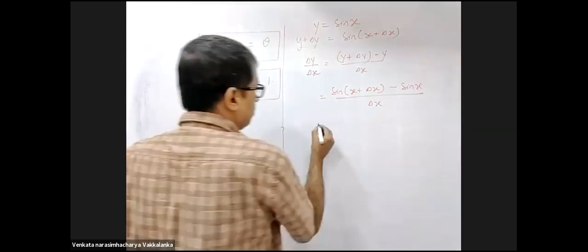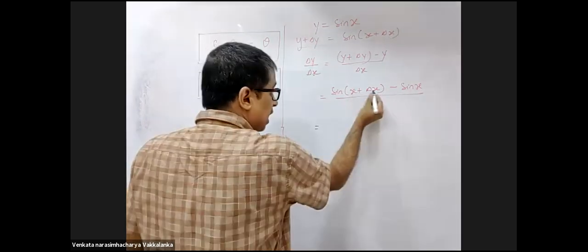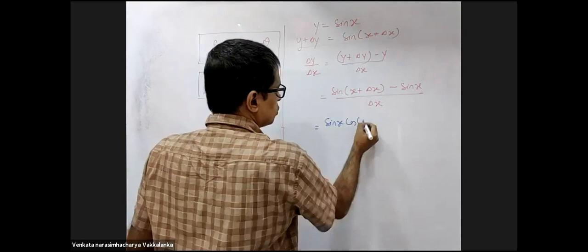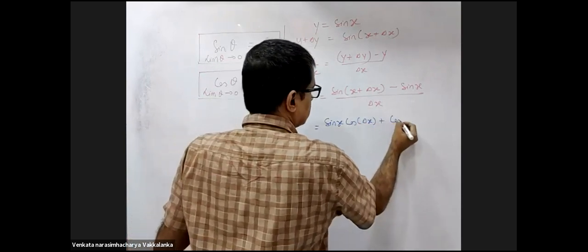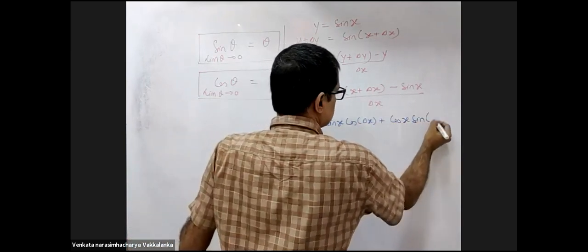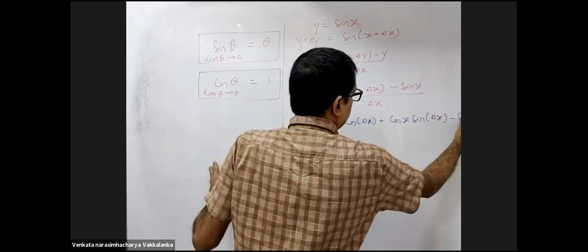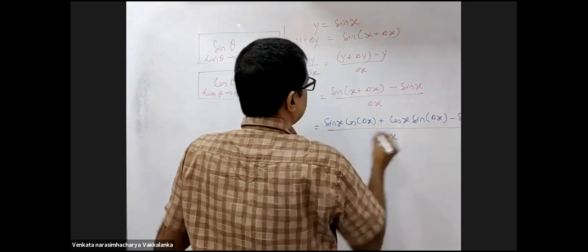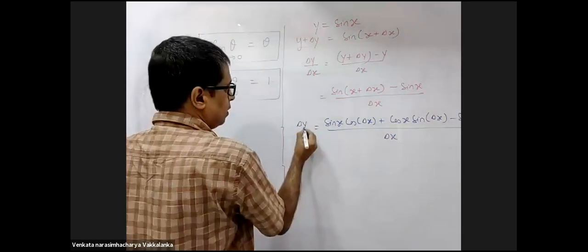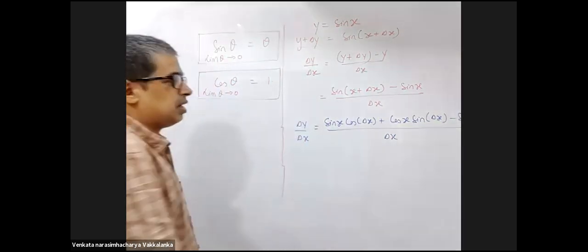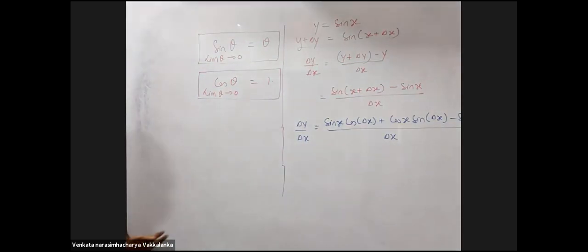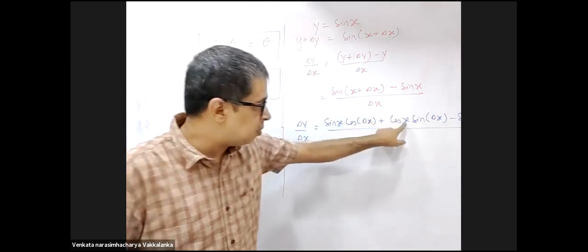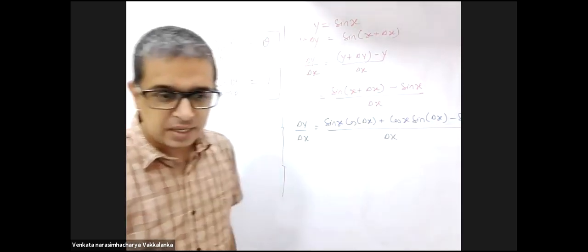So far so good. Now sin A plus B is sin A cos B plus cos A sin B. So we get sin x cos delta x plus cos x sin delta x, minus sin x, all by delta x.